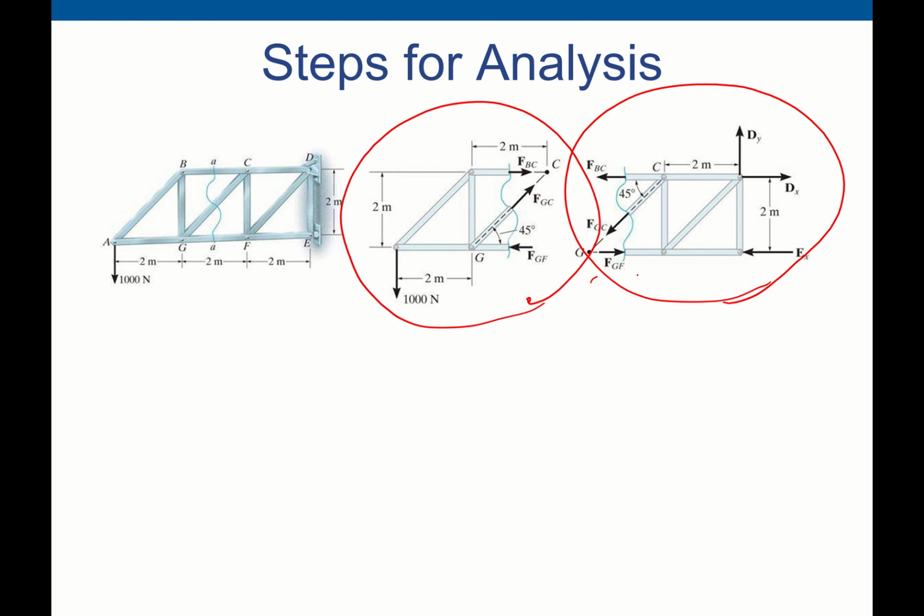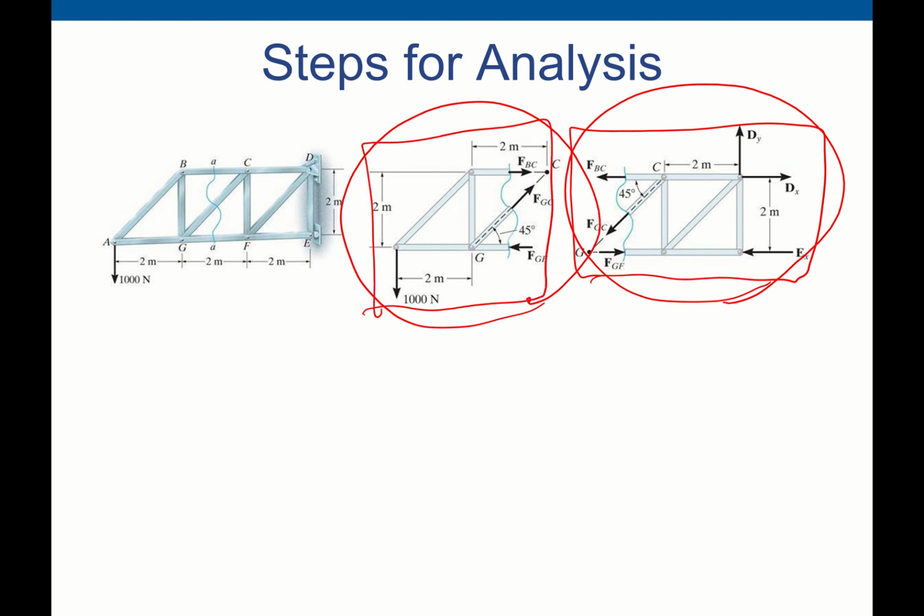If you look at the right image, you can realize that there are many forces associated with it. On the other hand, the left image does not have many unknown forces. So let's choose the left one. But the answer should be the same. When you calculate the 3 unknown forces here and the 3 unknown forces here, they are all the same magnitude. Okay?